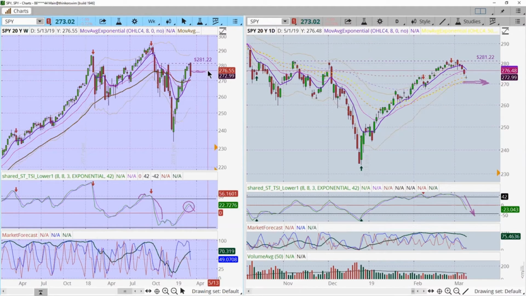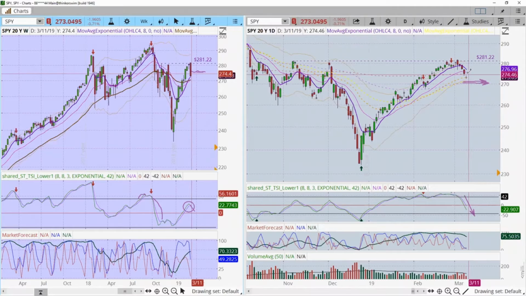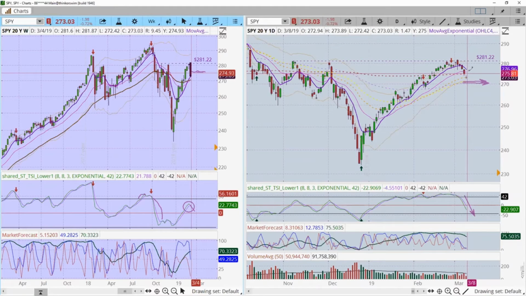If I get a pullback up into around 275, I want to take a real hard look at whether this means we're going to roll back over and drop. Because what does that correspond to? That corresponds to the 8 and 20.